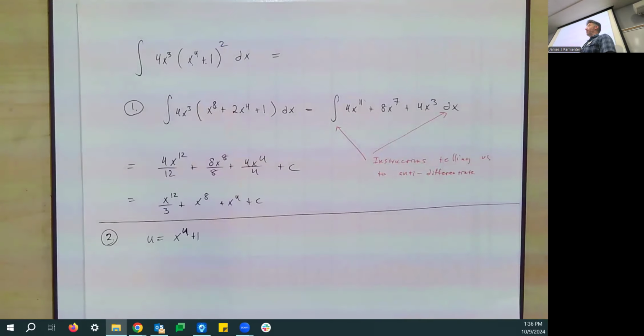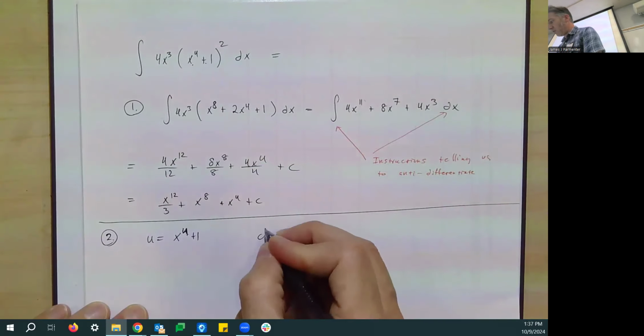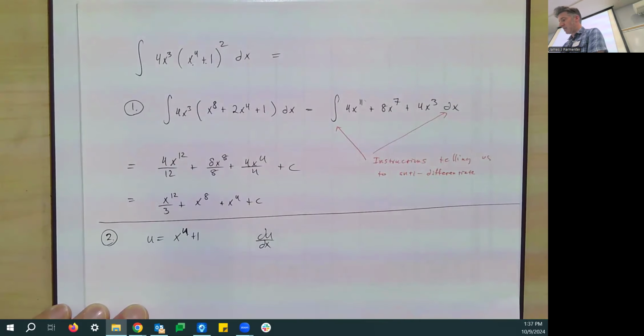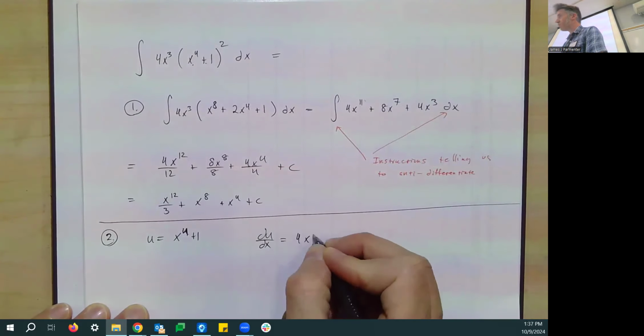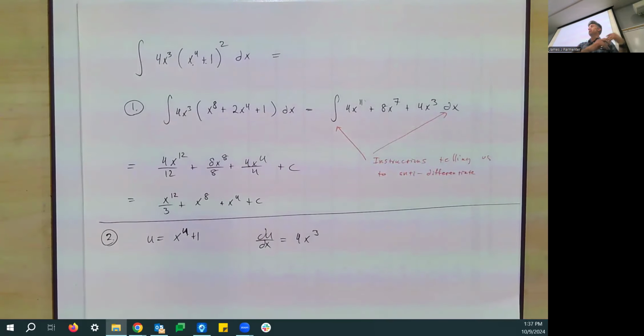That's usually a good way to make a guess: oh, I see something inside some other function, that's probably a good choice. The more important part is that we really want its derivative to also be in the integral. And it is. If we take the derivative of u with respect to x, it's going to equal 4x cubed, which is exactly the other piece that's in the integral. And we're very happy about that.